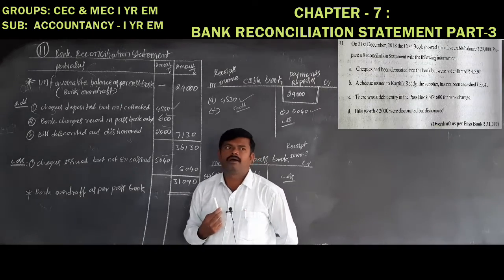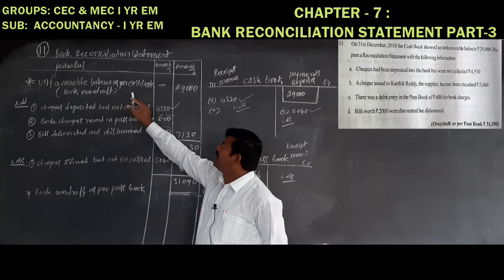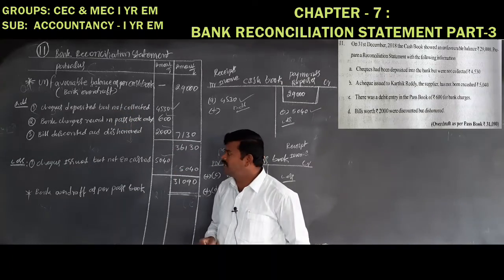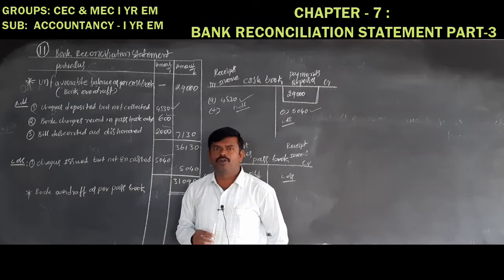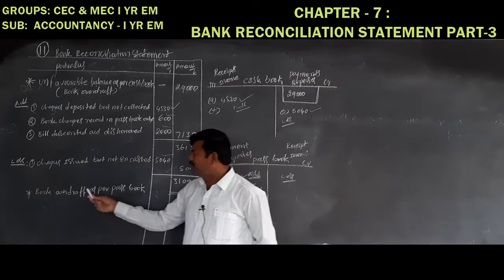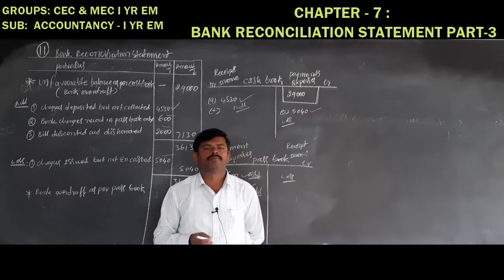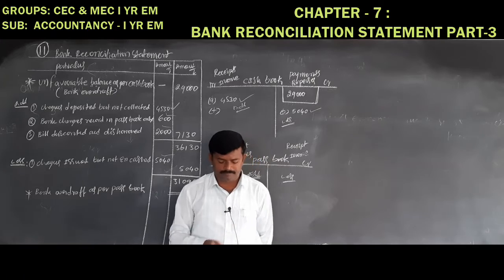We start with the unfavorable balance of cash book or bank overdraft, so the answer is in the opposite direction. We start with the cash book overdraft, we get the bank overdraft as per passbook. This is the answer. This way you have to prepare the bank reconciliation statement.